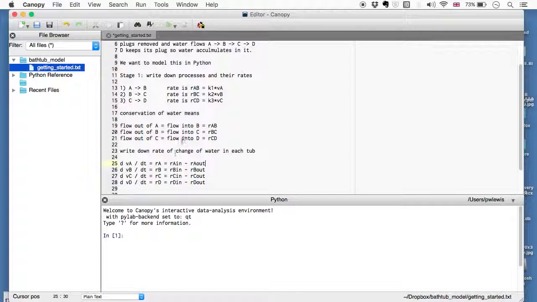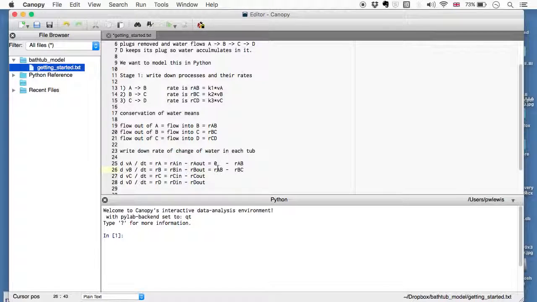Now what we know is the rate of flow into A is 0 because that's at the top of the chain, and the rate of flow out of A is this right here, equals this. So we can do this for all of them. So the rate of flow into B is this rate of process AB, or the flow between A and B. And we have the flow out of B, we've got to subtract that.